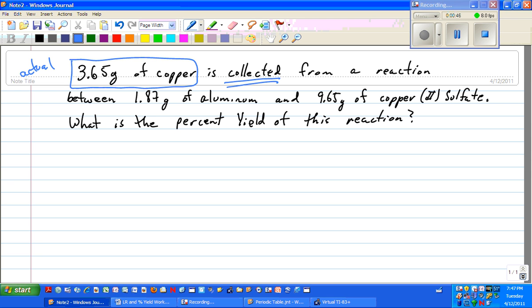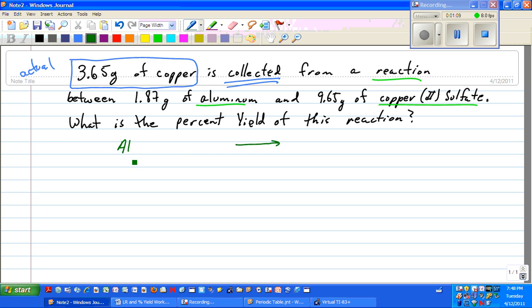Probably the next thing I would do is write a balanced equation, since I don't see an equation here. In fact, I don't even see any formulas. It looks like I've got a reaction between aluminum and copper 2 sulfate. So those would be my reactants. Let me start with my arrow here.